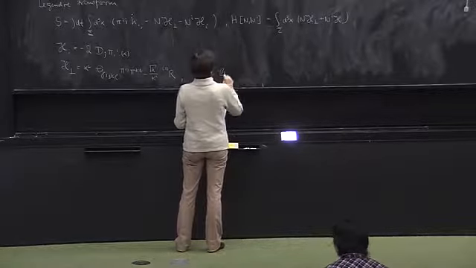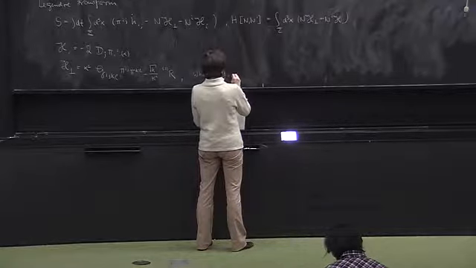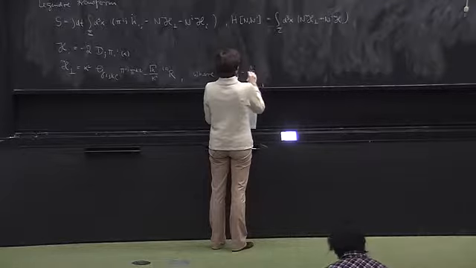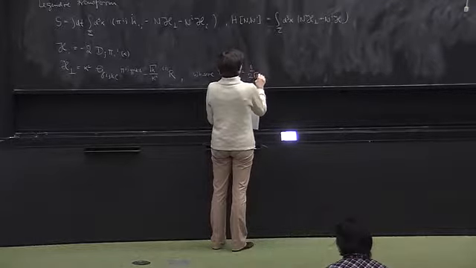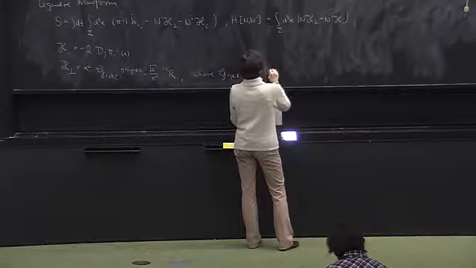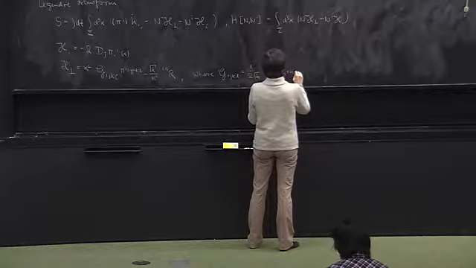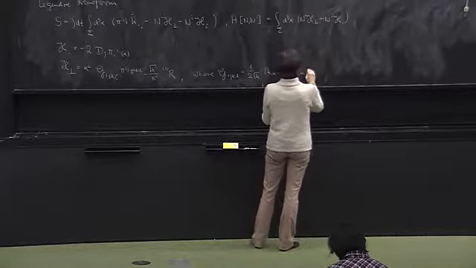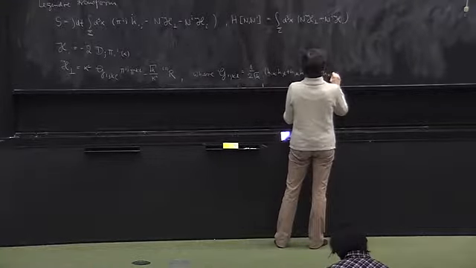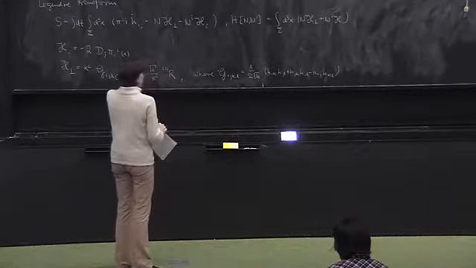Where I had defined this curly G, a meta-metric, a supermetric, a metric on the space of metrics, as the following expression: 1 divided by 2 square root of determinant of h, times (h_ik h_jl plus h_il h_jk minus h_ij h_kl). This is a metric.